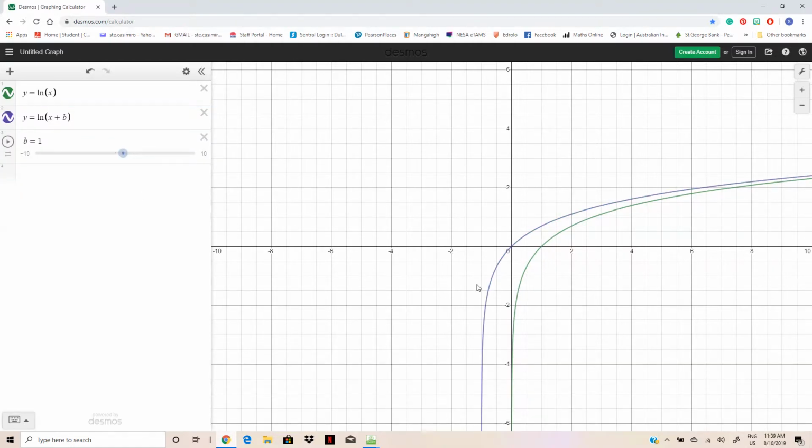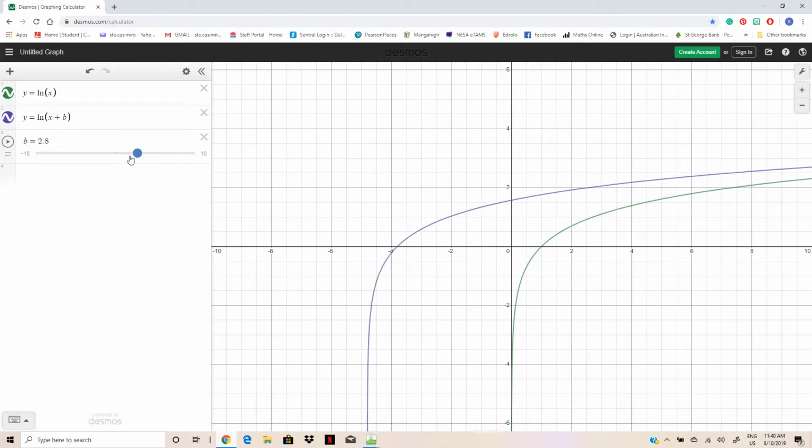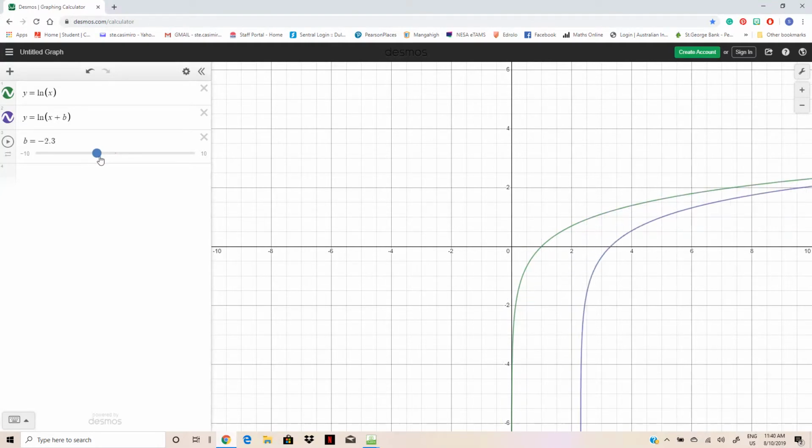All right, so we're looking at this blue line. Let's go back to b being 0. There I have y equals natural log of x. If I add 1, so b becomes x plus 1, I'm moving to the left. If I have x plus 2, I'm moving 2 units to the left. If I subtract, so if I have natural log of x minus 1, I'm moving to the right.